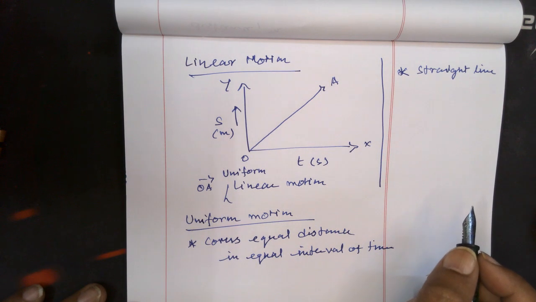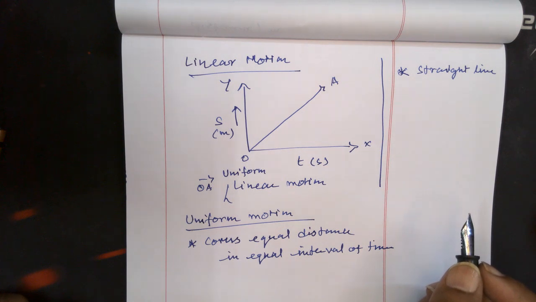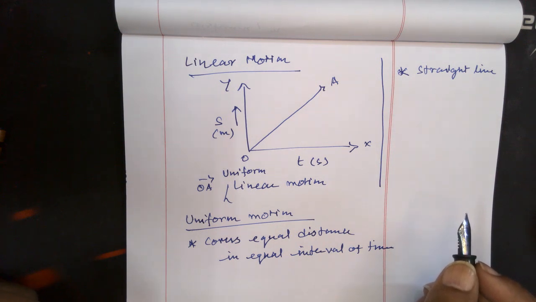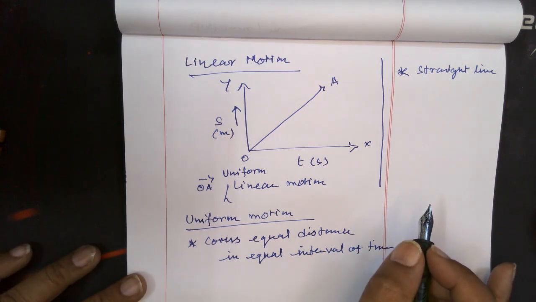Got it? Now in the second hour the speed is increased double. Now this is not uniform, is it not? When there is a change in speed, it means it is not uniform. Okay, take down. Non-uniform motion.